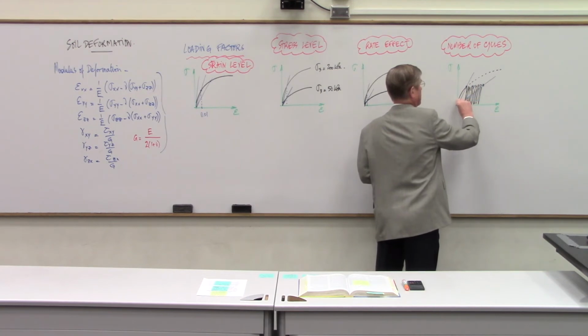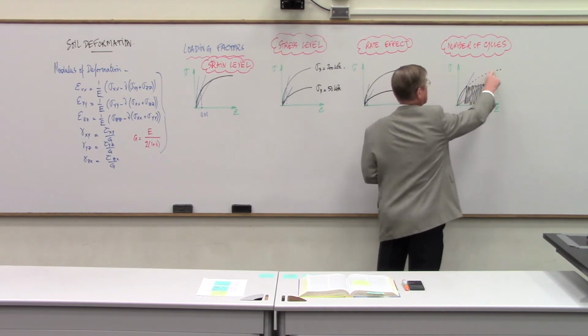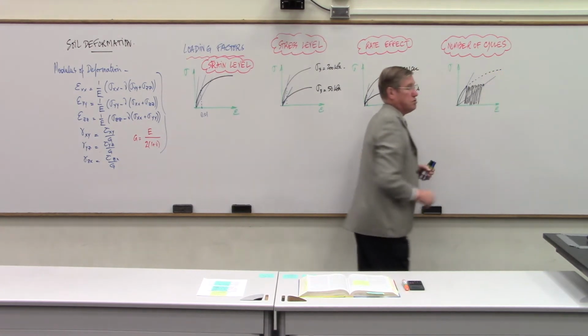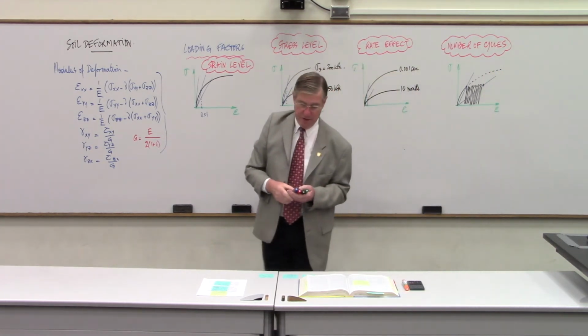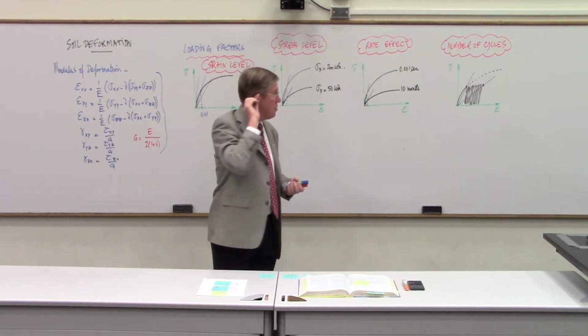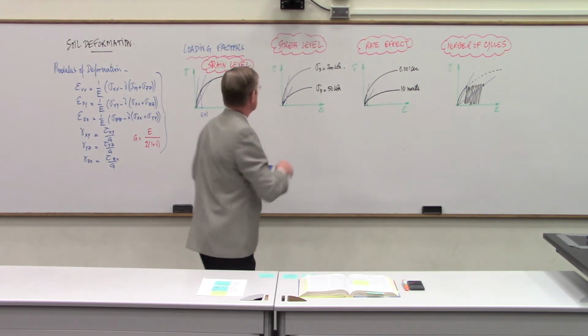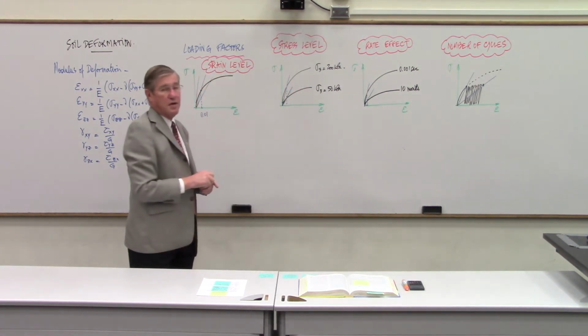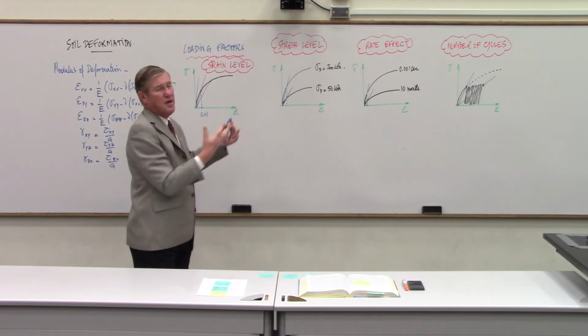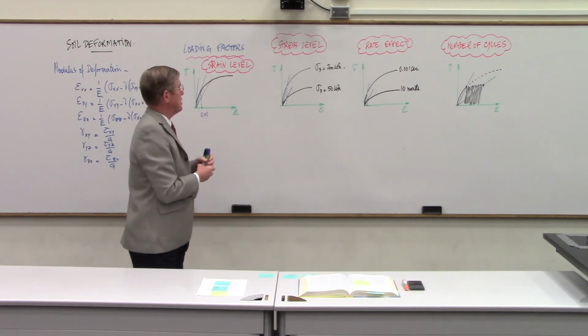If you're right here, maybe you won't make that much damage, but if you start cycling here, you're going to lose the soil in a hurry. I mean, you're going to fail it in a hurry if your amplitude is fairly large. So these are important factors. And I didn't quantify this, I discussed it a little bit.